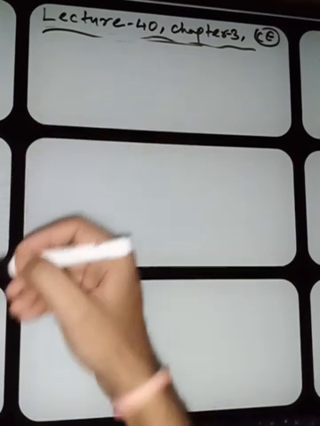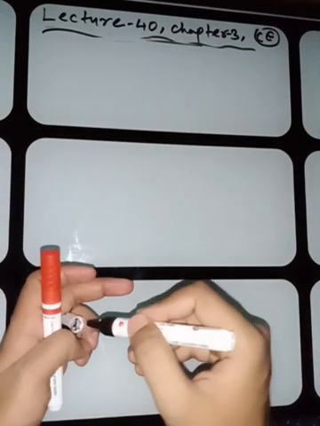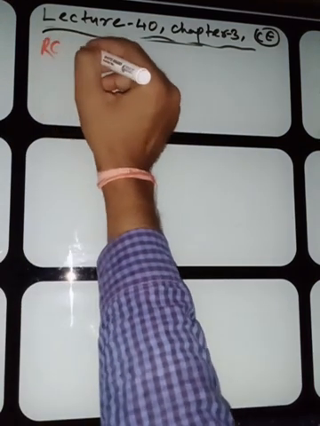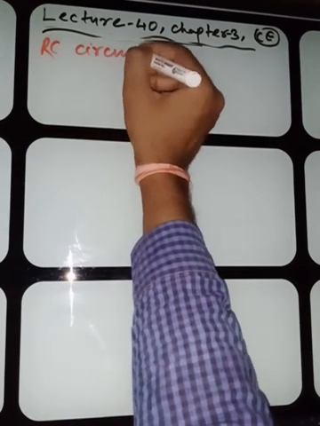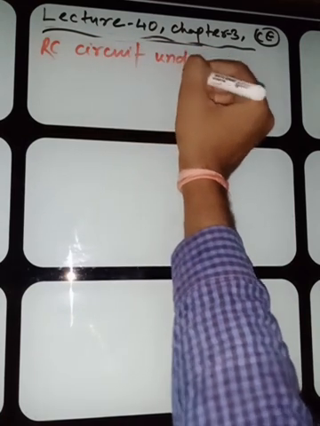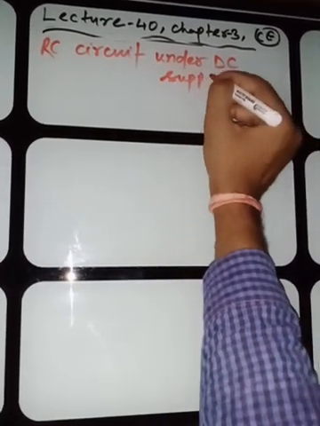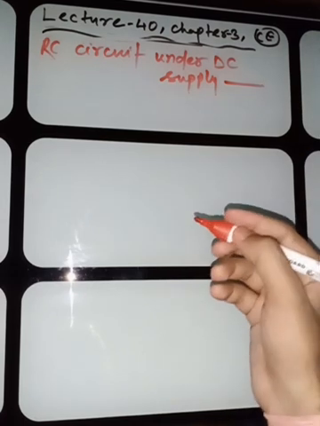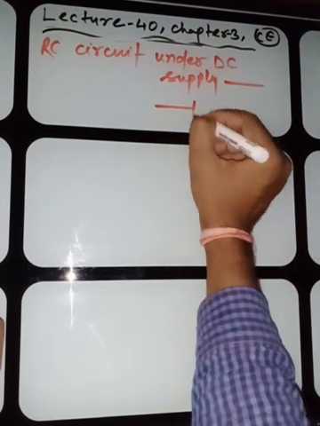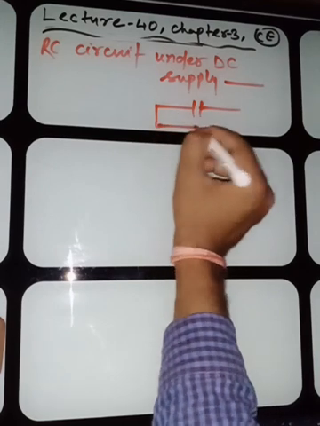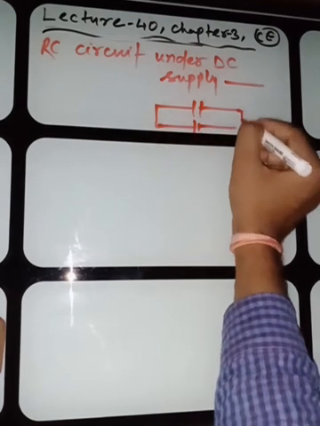It is the RC circuit under DC supply. RC circuit under DC supply, that is supplying DC current to a capacitor.